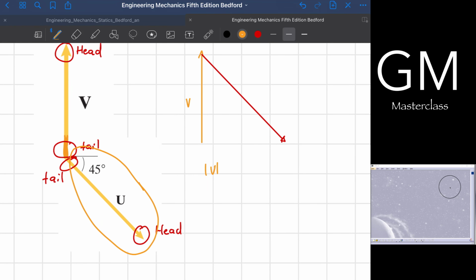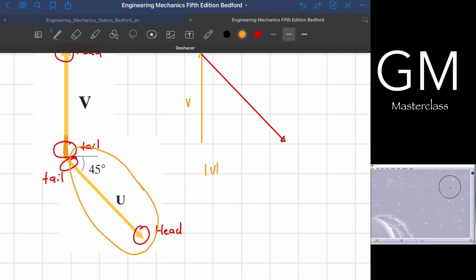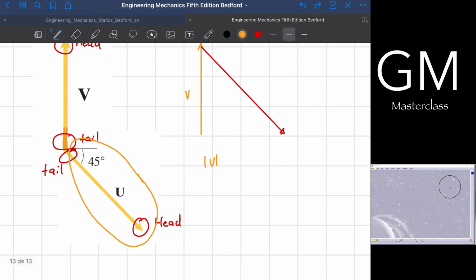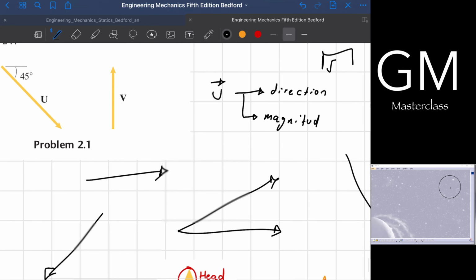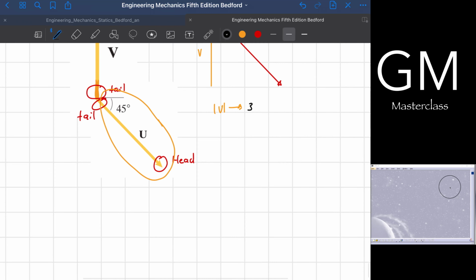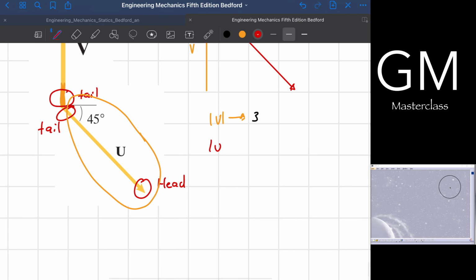They are telling me these two symbols mean magnitude. What does it mean? That I don't care about the direction. I don't care if that's a negative number or a positive number. I just care about the value of the number. So the magnitude of the vector b, they tell me that is equal to 3. And the magnitude of the vector u, they tell me that is equal to 8.